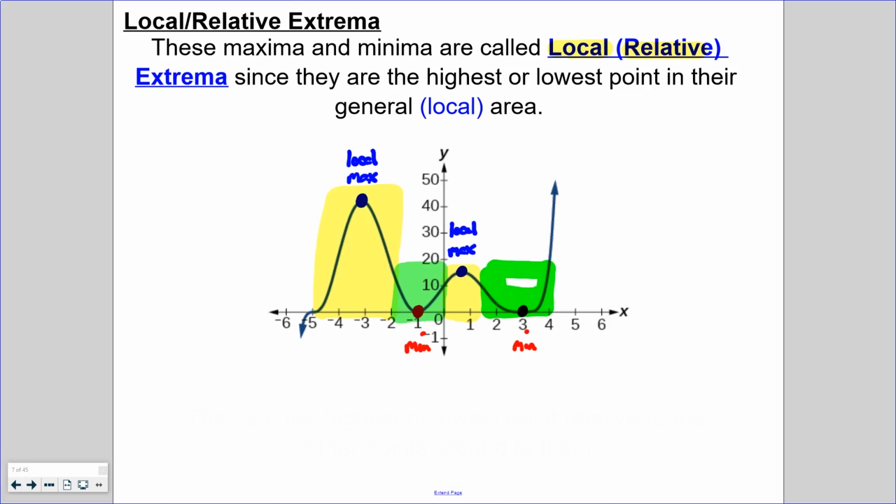Relative to all the other points in this shaded green area, the y value at x equals 3 is the lowest, is the minimum value relative to all the other y values. So that's where this vocabulary comes from, why we call it local and relative. It's just the way that you're framing it to understand it, local versus relative, but they both mean the same thing.